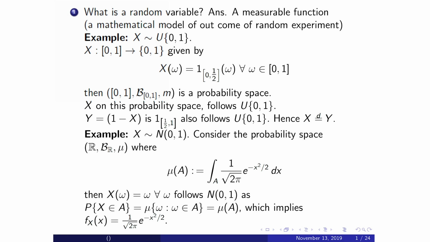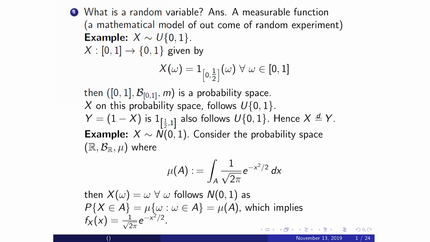Yes, because the mu measure of the whole of R is the integration of this function over the whole of R, and that integration is 1. So it is a probability space. Now, the question is, what should be my random variable? What should be my measurable function, so that under this probability space it is a normal random variable with mean 0 and variance 1?